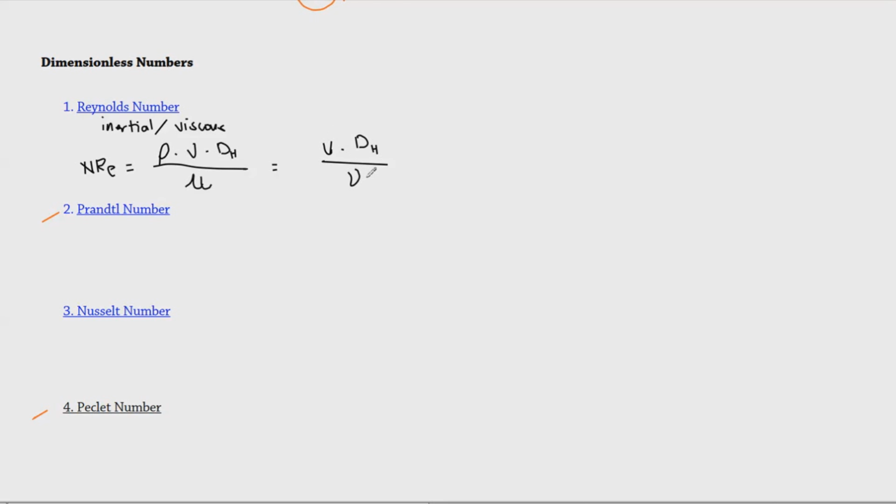This is nu from the Greek alphabet, and this one is V, so don't get confused with it. That's why people would always be using this, as it is the more easily understood and easily remembered formula than this one, since we usually give the viscosity as dynamic viscosity rather than kinematic viscosity.